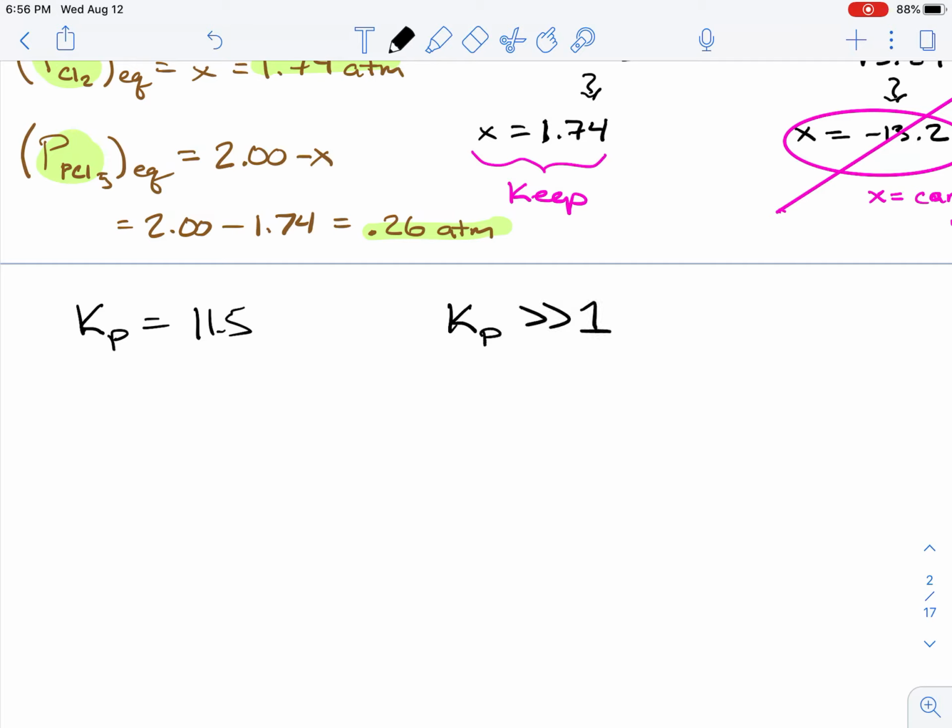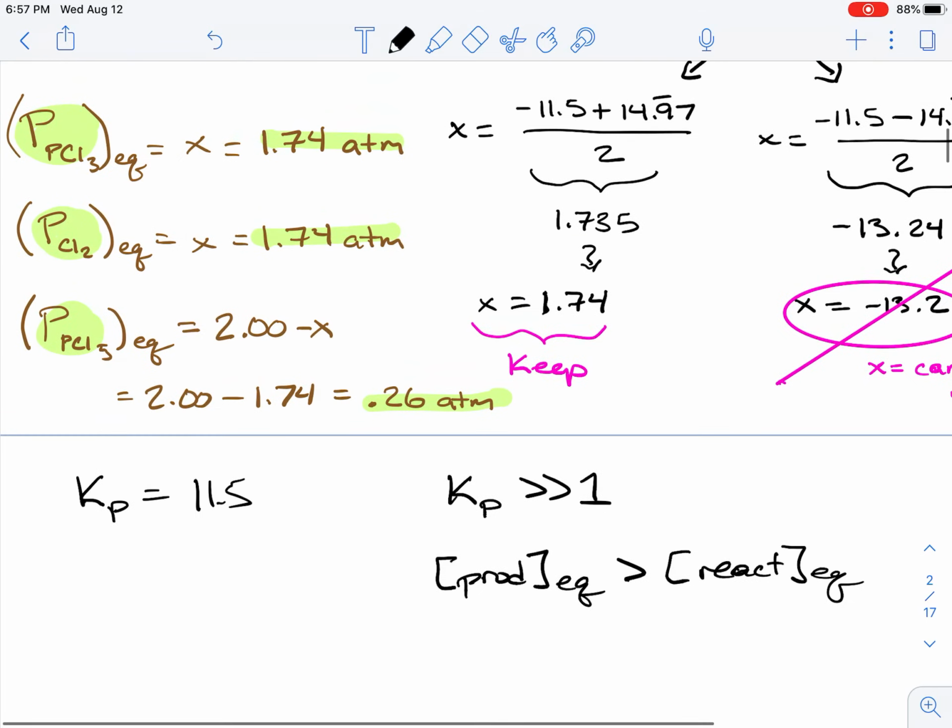And if you recall, if the equilibrium constant, doesn't matter if it's Kc or Kp, is far, far greater than 1, then we know that the amount of product at equilibrium is going to be greater than the amount of reactant at equilibrium.